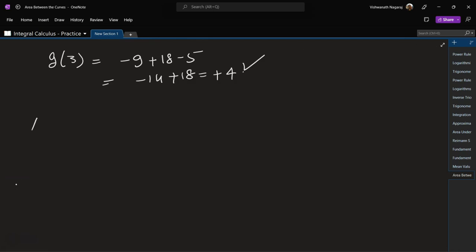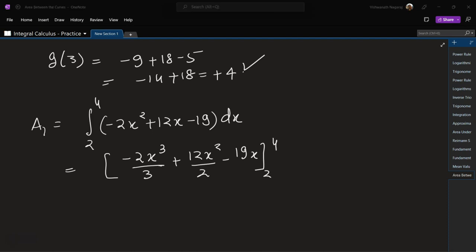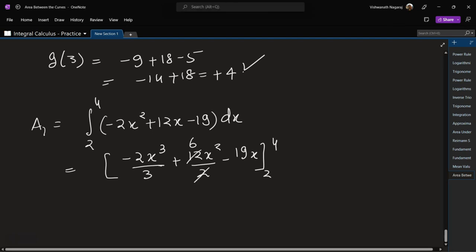Okay, so we have got this information. So area 1 is equal to the integral from 2 to 4 of minus 2x square plus 12x minus 19 dx. So now minus 2 x cube by 3 plus 12x square by 2 minus 19x from 2 to 4. Let's simplify this to 6x square.